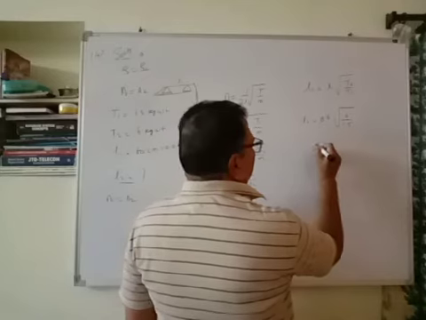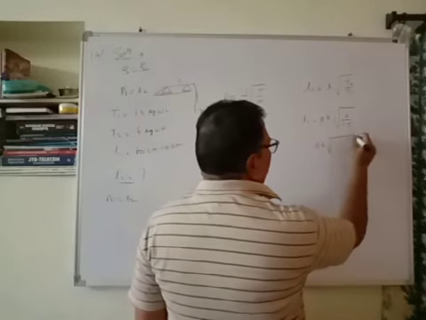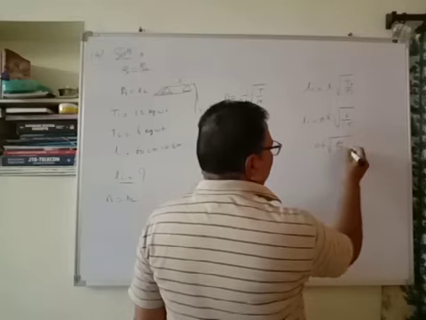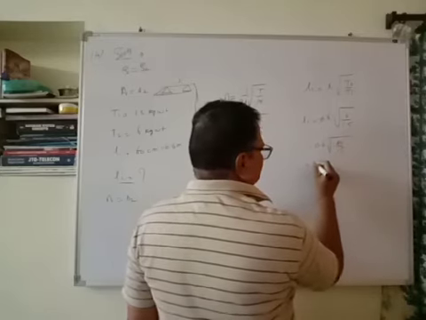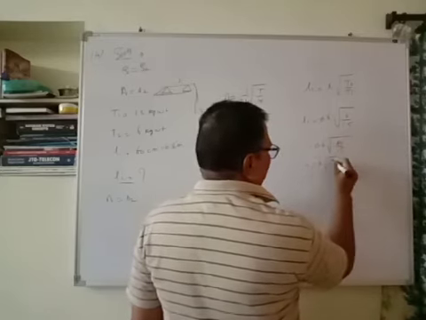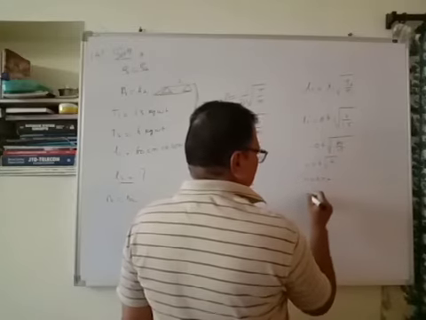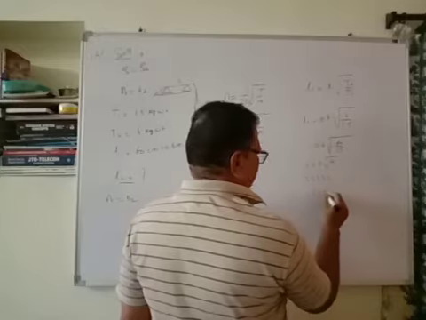Or L2 is equal to 0.6 under root 4, or 0.6 into 2, or 1.2 meter.